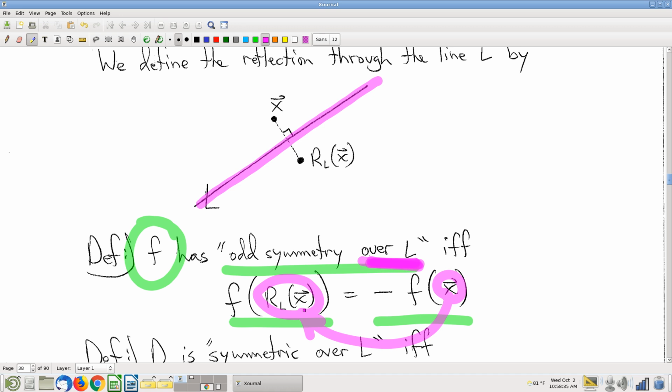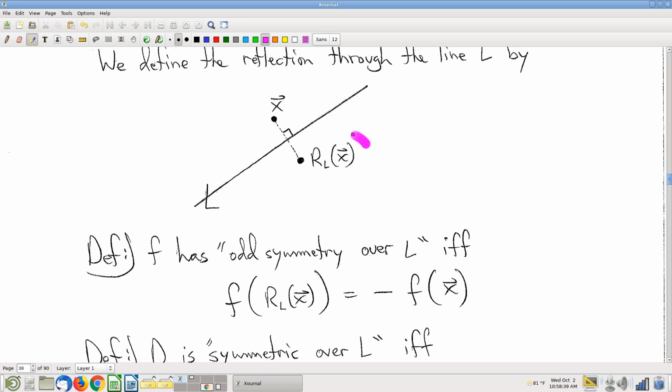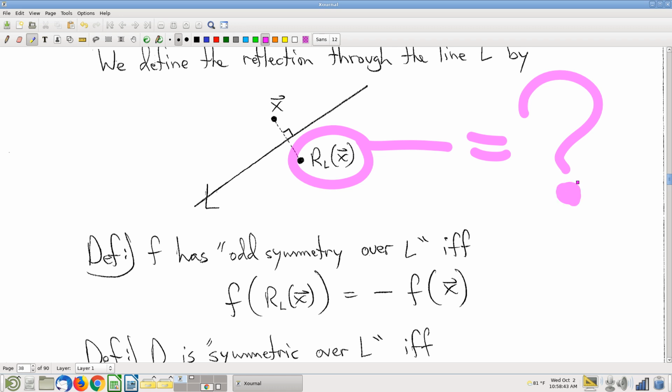Okay. A question you might be wondering about is how do you find a formula for this? There are two different ways you can do it. One thing you could do is take a chapter 12 approach and think about the normal vector to the line and components, and explicitly write it all out. It's very rare that we ever actually want to do that.